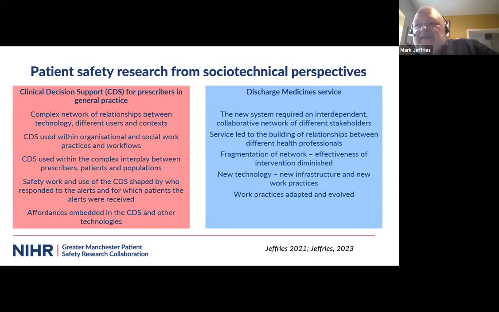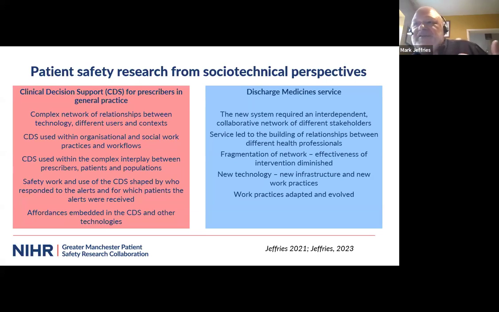And we found this was very much happening within a context of workflows and work practices, that there was a very complex interplay between the technology, between prescribers, between patients, and between patient populations. It was used differently for different people. It was used differently for different populations. And I talked earlier about social materiality.